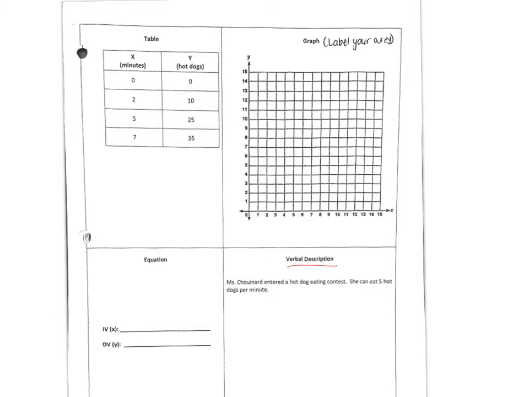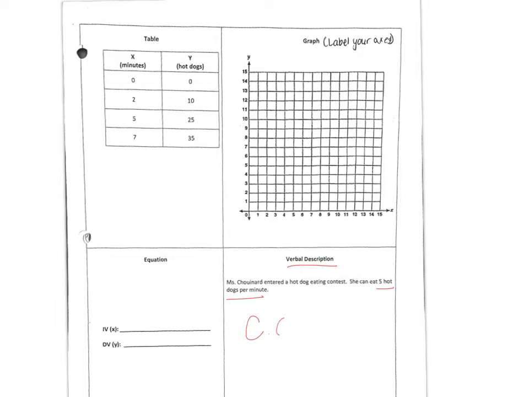So the verbal problem says Miss Chenard entered a hot dog eating contest. She can eat 5 hot dogs per minute. So right there, immediately I can see my constant of proportionality. 5 hot dogs per minute means that I can eat 5 hot dogs for every 1 minute, which is pretty impressive.